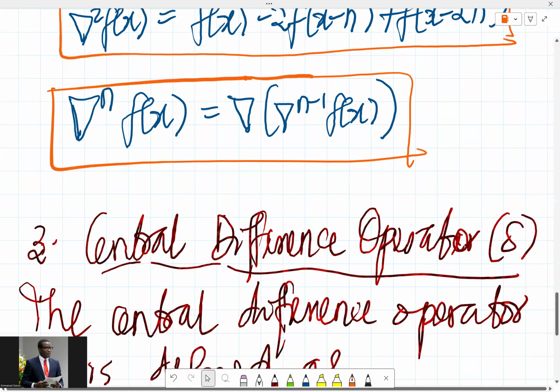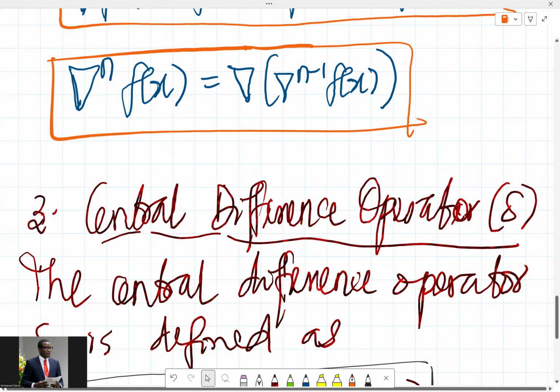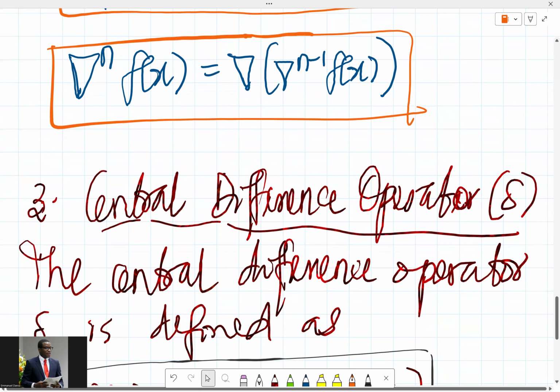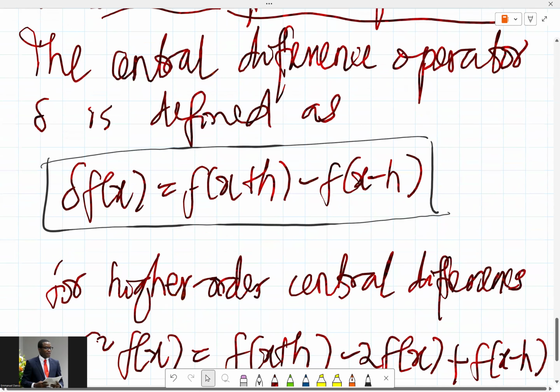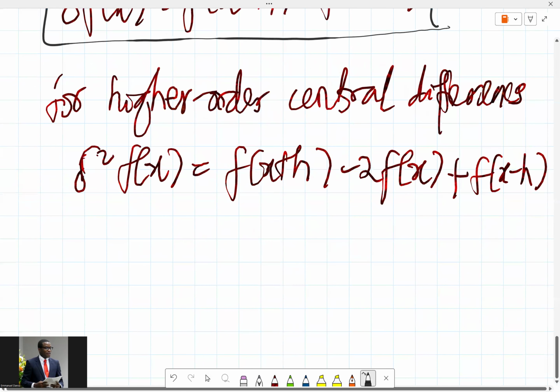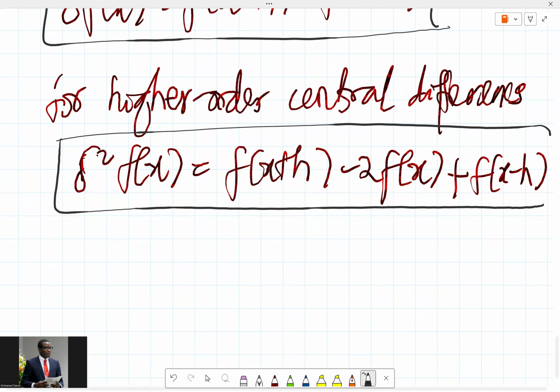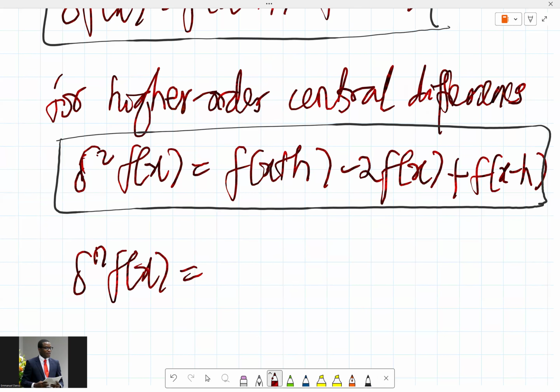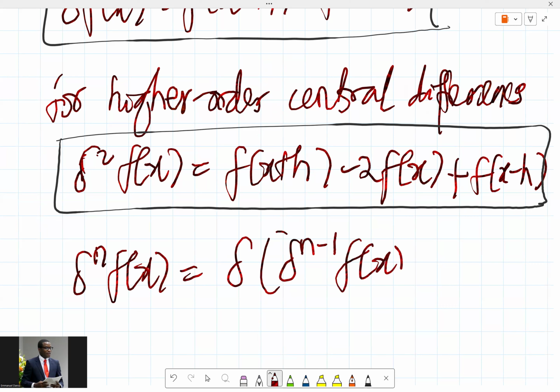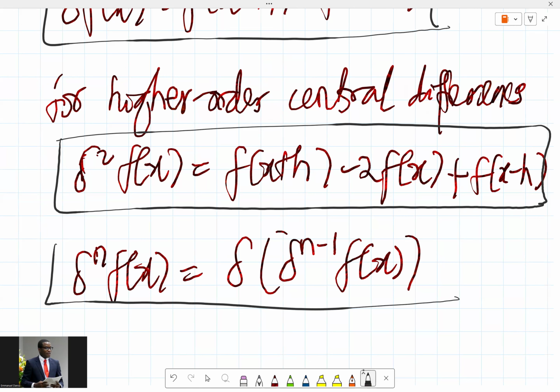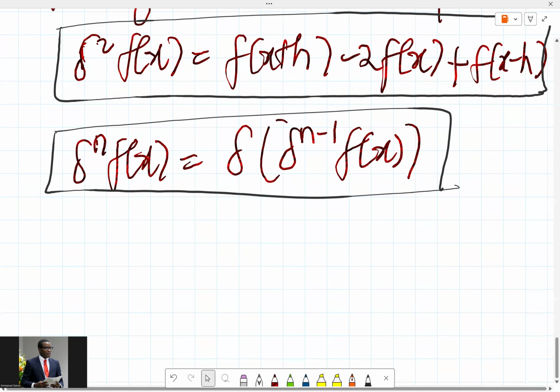If you want the nth derivative, delta n f of x is equal to delta into delta n minus 1 f of x. That is the nth derivative of the central difference.